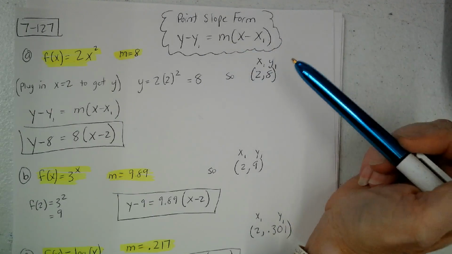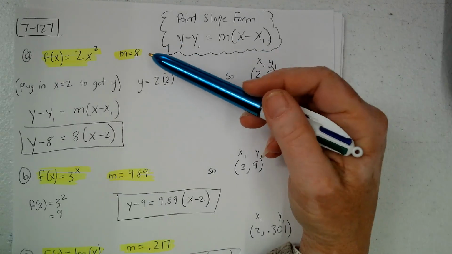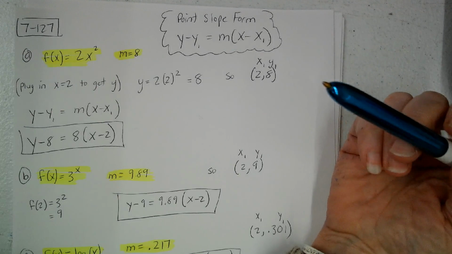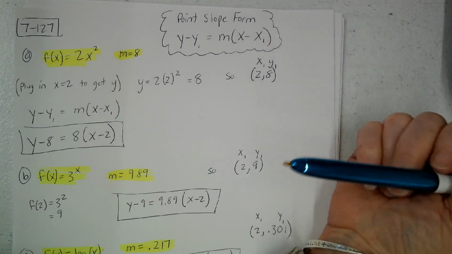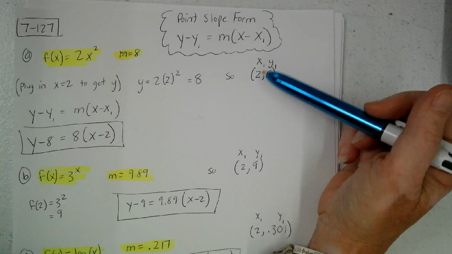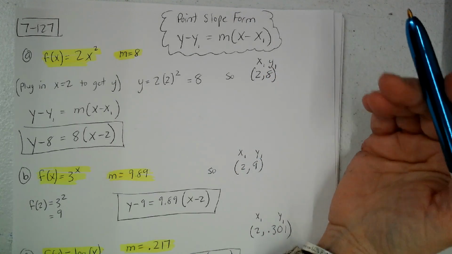I only need 3 things: a y, an x, and an m. I already have the m because I did it in problem 126. So the x is going to be 2, because that's the point we're trying to touch on the curve.